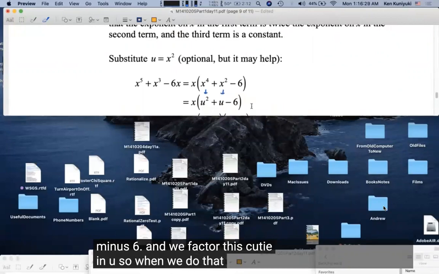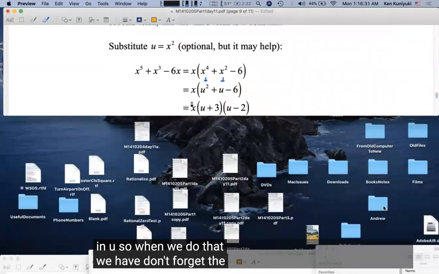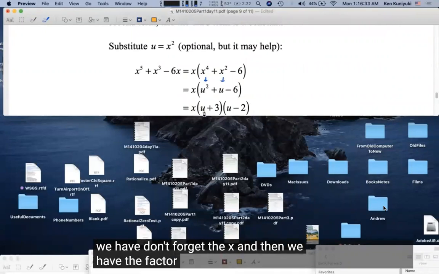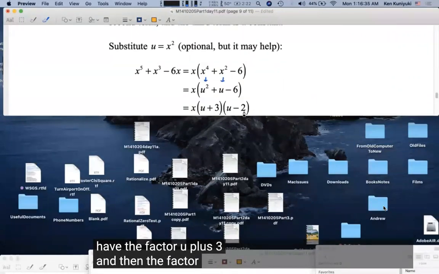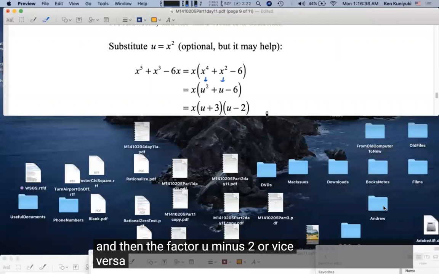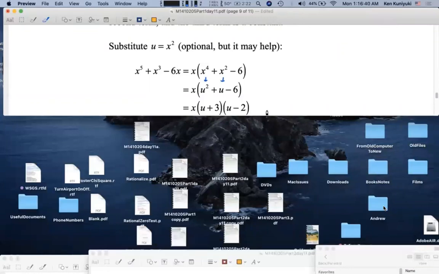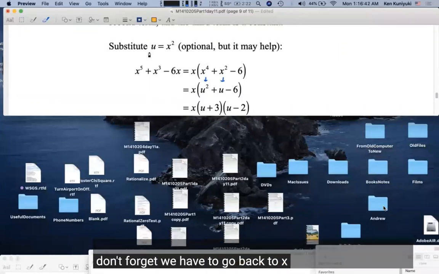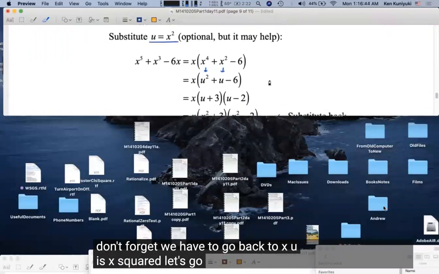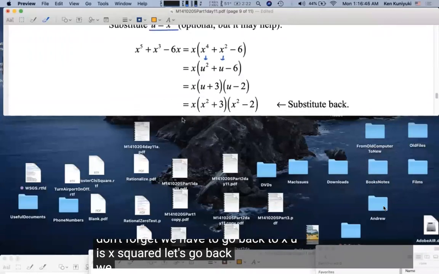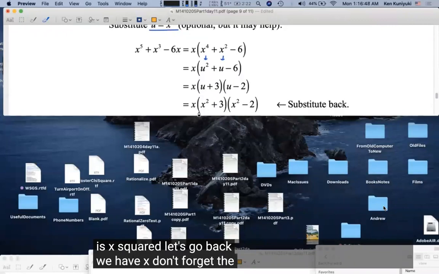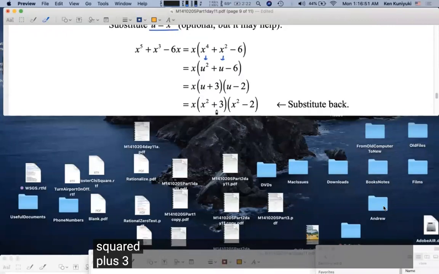So when we do that, we have, don't forget the x, and then we have the factor u plus 3, and then the factor u minus 2, or vice versa. Don't forget, we have to go back to x. U is x squared. Let's go back. We have x, don't forget, the factor x squared plus 3, and the factor x squared minus 2.